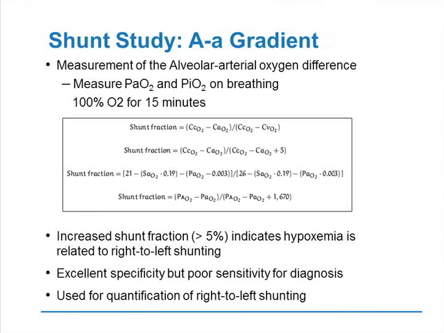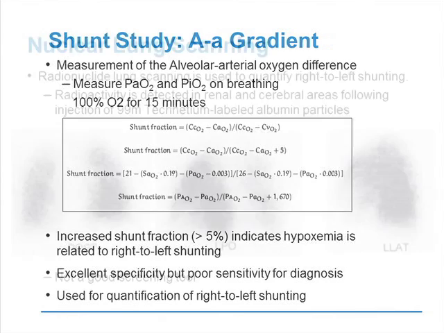So that's the whole reason why people do this, is they can do it post-procedure to document, yes, the shunt fraction is reduced, and then on follow-up, does this shunt fraction go up or not?